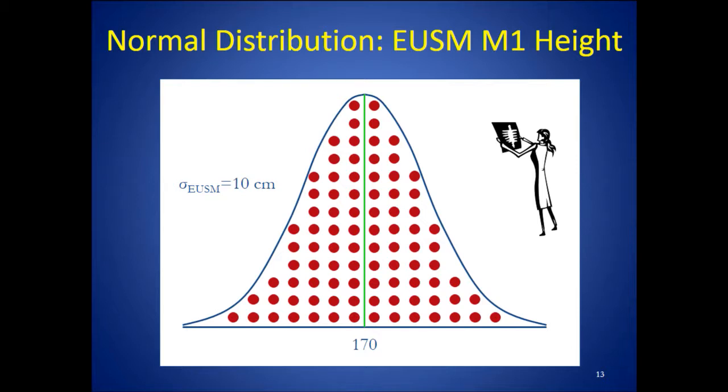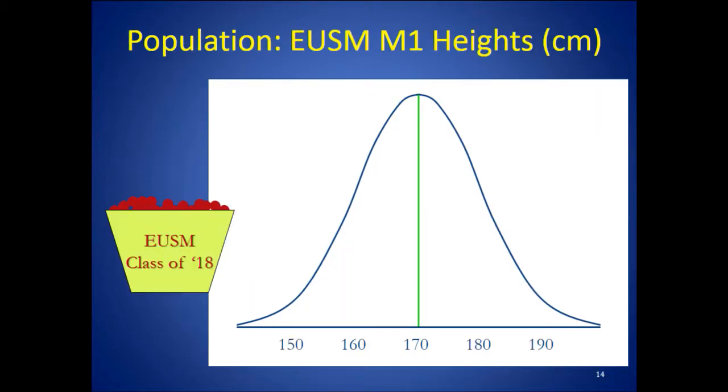So let's say that we measure the heights of every single first-year medical student at Emory. I'm going to pretend that there's 100, there's more than that, but we're going to say it's 100 people. And let's say that we get a mean height of 170 centimeters with a standard deviation of 10 centimeters. We can actually make some predictions using those numbers. So let's say we're very cruel at Emory. We dump every single one of our first-year medical students into this green bucket, and we ask ourselves, okay, what's the probability of, at random, pulling somebody out of the bucket whose height is between 160 and 180 centimeters?